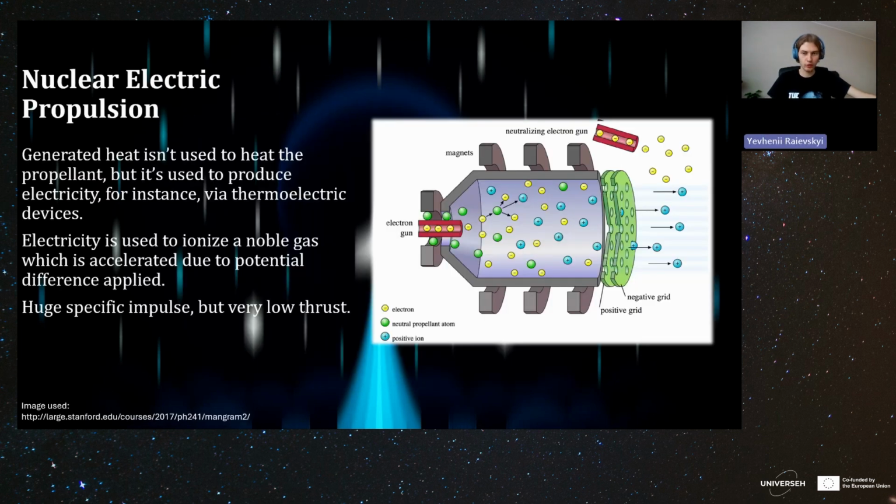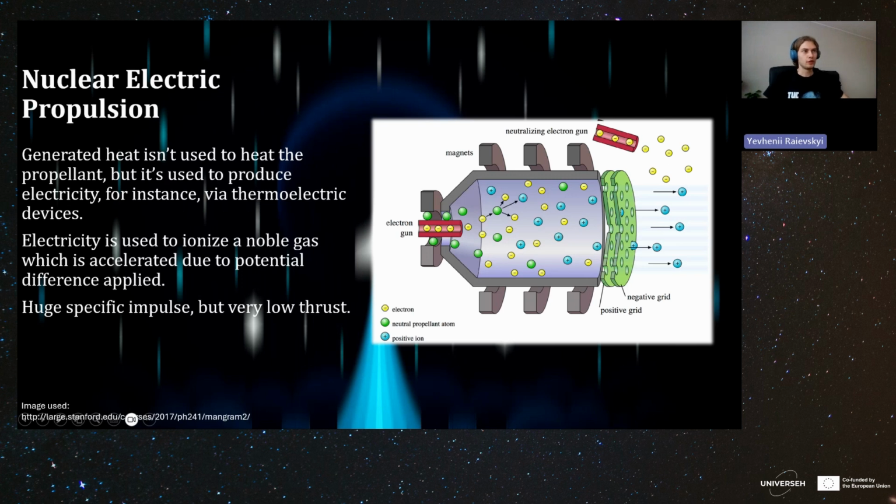So how do they work? We know how the heat is generated, so the idea is how do we convert this generated heat into propulsion. Nuclear electric propulsion has a two-step approach.